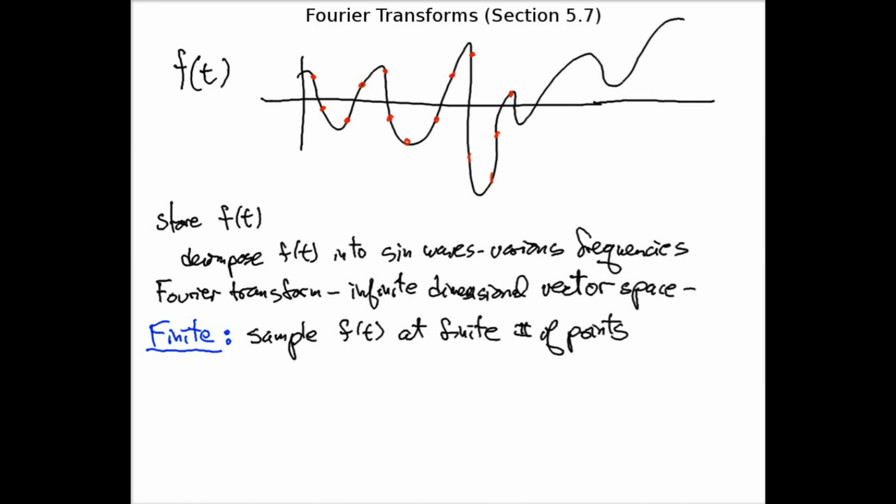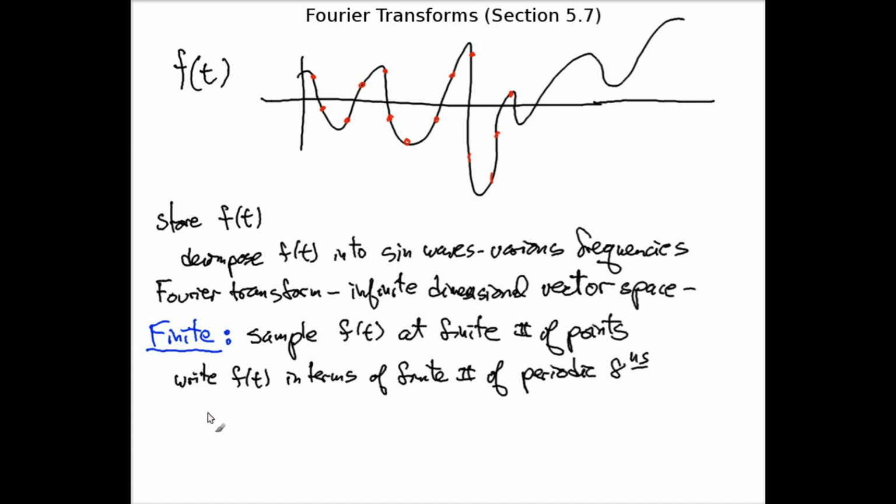And on the other hand, what you try to do is write f of t, or approximate f of t, in terms of a finite number of periodic functions. That is to say, functions of the form cosine omega t, where you have some omega 1, omega 2, up to omega n, some finite number of frequencies.